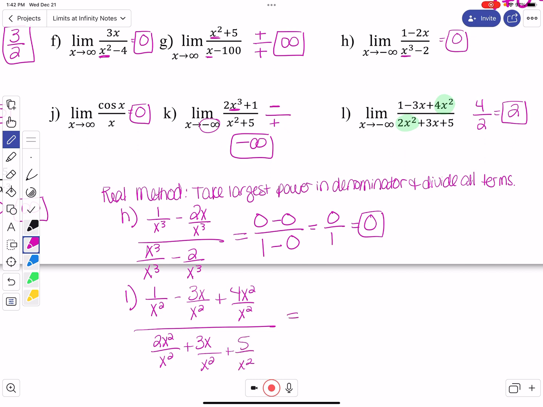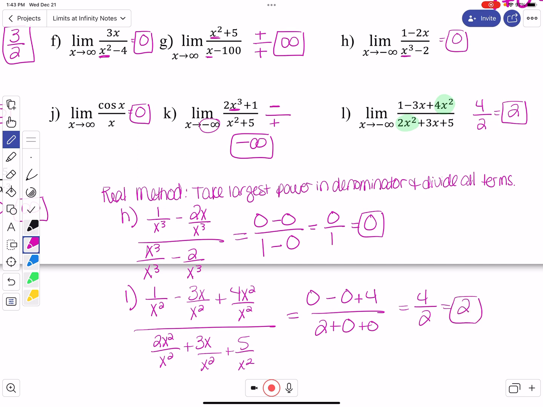Here, 1 over x squared is 0. 3x over x squared is 0. 4x squared over x squared reduces to 4. 2x squared over x squared is 2. 3x over x squared is 0. And 5 over x squared is 0. And again, that reduces to 4 over 2, which gives me a 2.